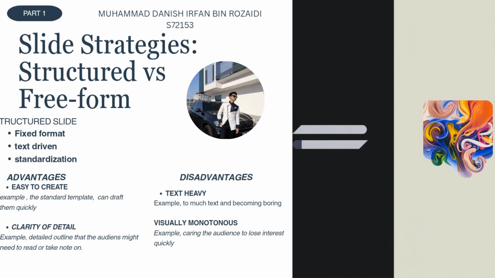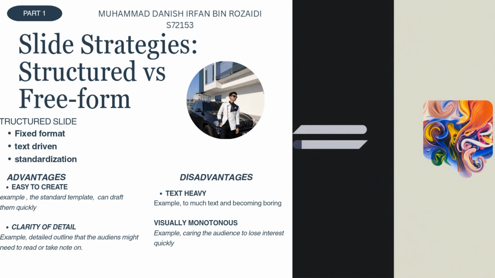I would like to explain the difference in slide strategy, which is the structured slide and the freeform slide. First of all, I'm going to explain the structured slide. The structured slide usually follows a fixed format, which means every slide looks almost the same. For example, there is a title at the top, and below it we have bullet points.